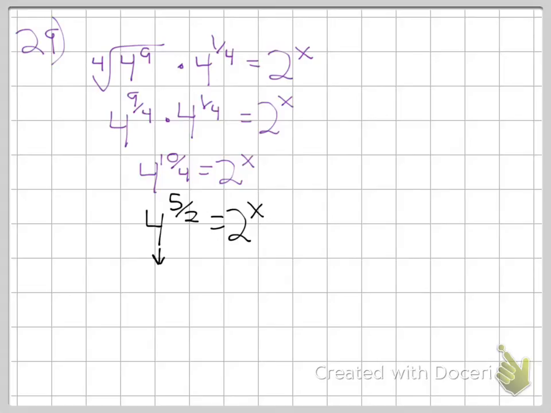Do we all agree that 4 is 2 squared? Okay. So instead of writing 4, I'm going to write 2 squared. So in doing that, it's now 2 squared to the 5 over 2, which makes it 2 to the what? So what's x? Comes out to be 5.